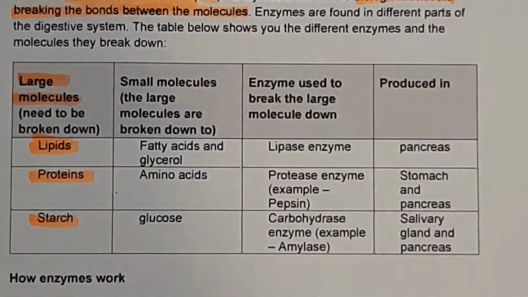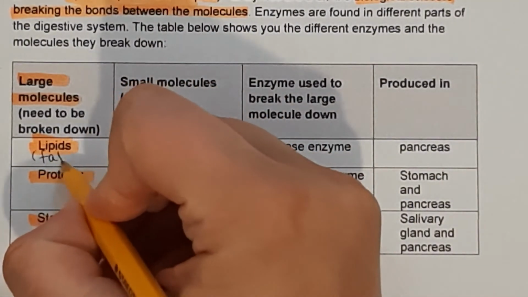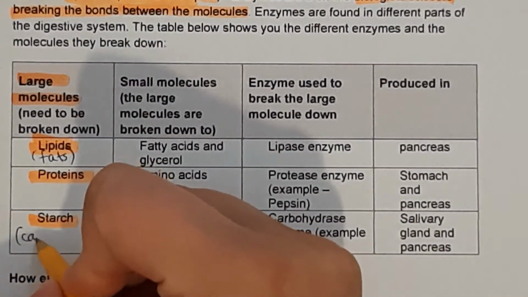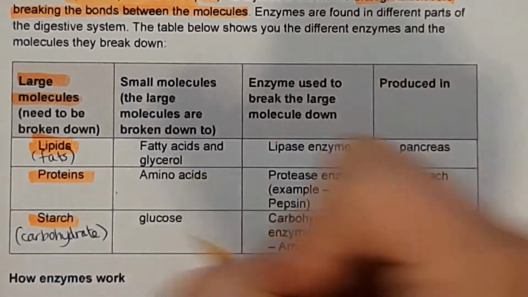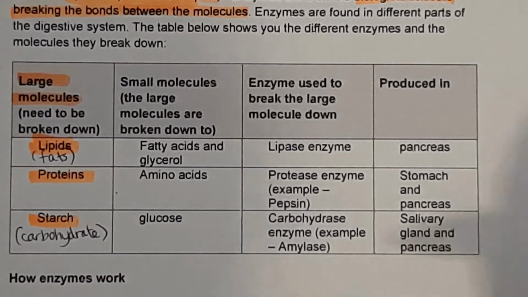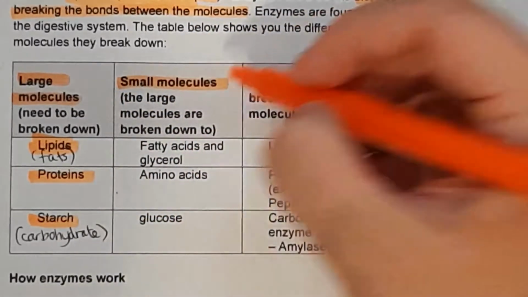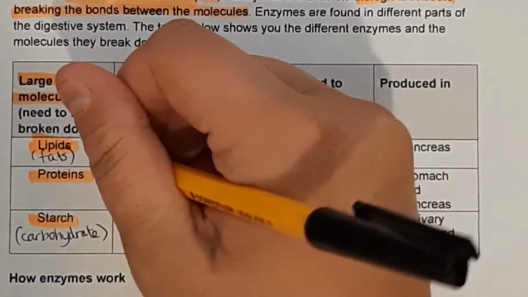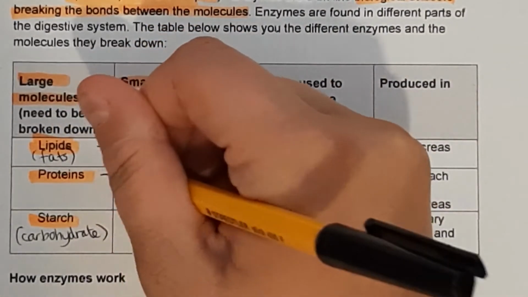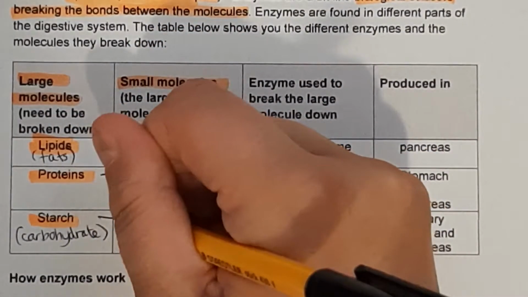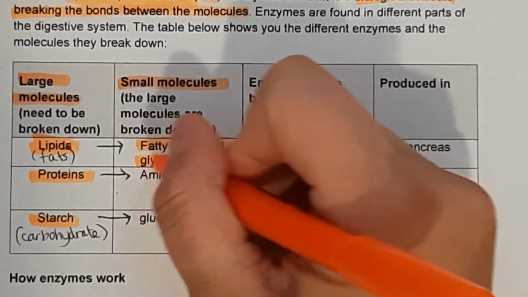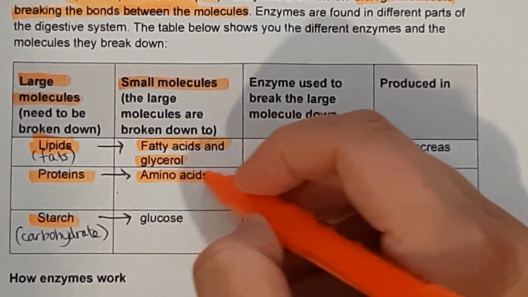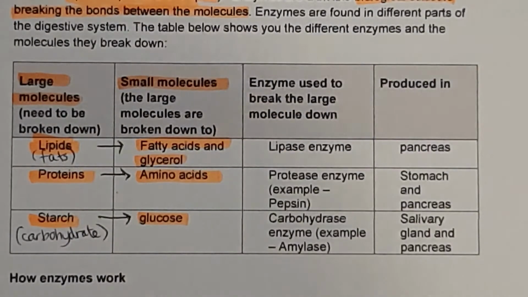Lipids means fats, and starch is basically our complex carbohydrates, so things like pasta and bread. The small molecules are what they turn into, so draw a little arrow to show that they turn into those after digestion. Lipids turn into two molecules, fatty acids and glycerol. Proteins turn into amino acids, and starch turns into glucose.